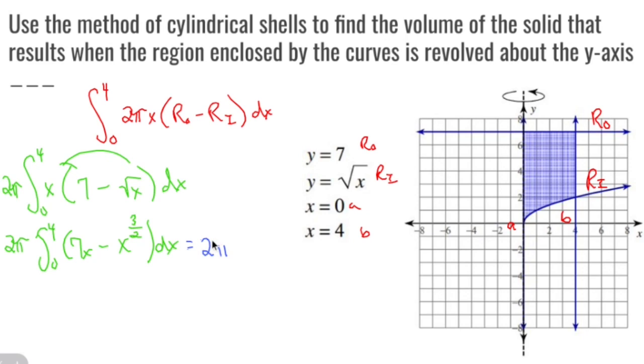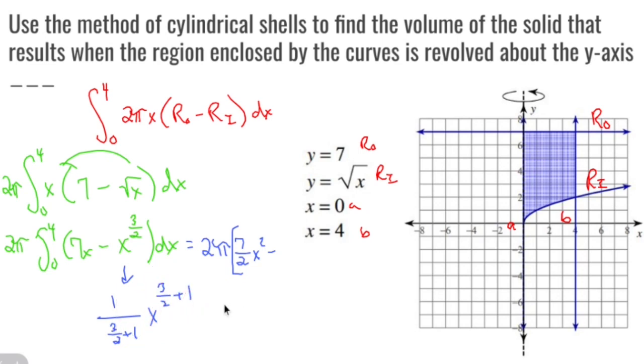Now let's integrate that. 2 pi comes along for the ride. The integral of 7x is going to be 7 over 2 x squared minus the integral. Now remember when we do this, we're going to have 1 over 3/2 plus 1 times x to the 3/2 plus 1, right?